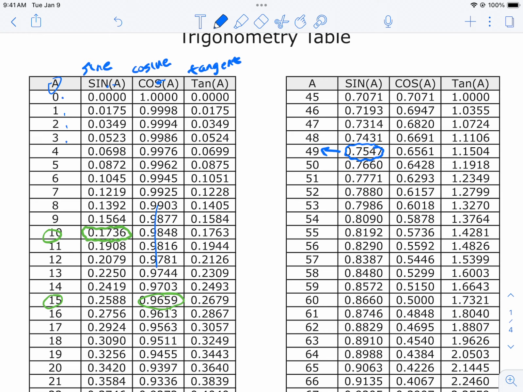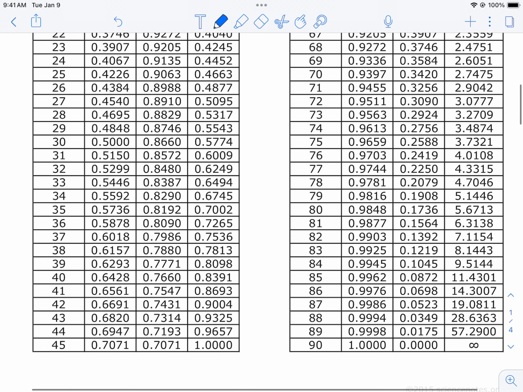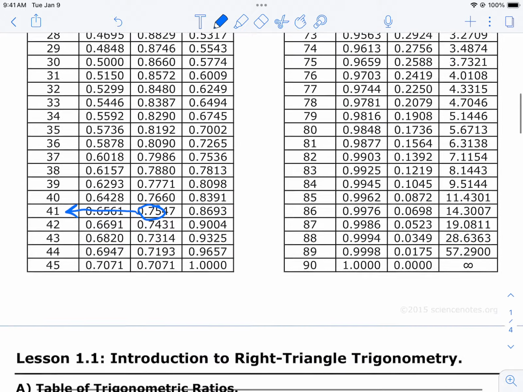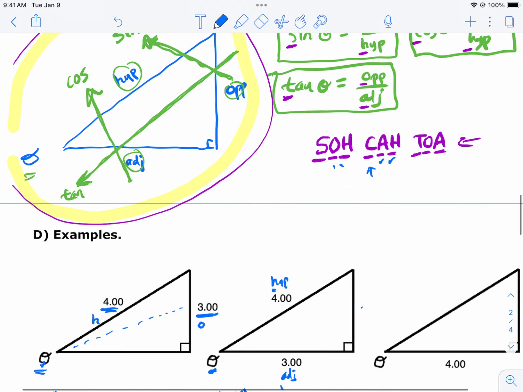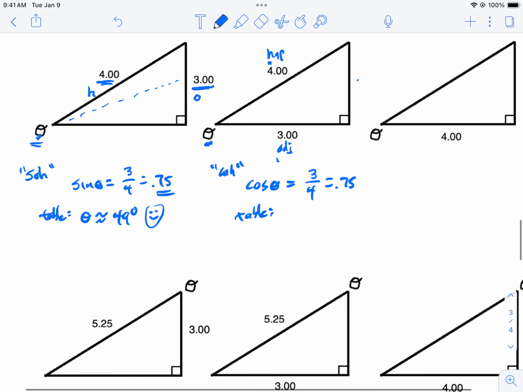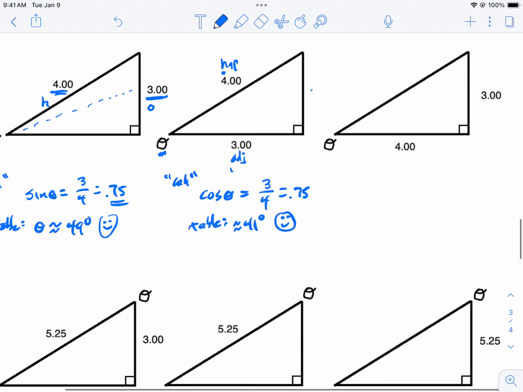I'm coming down this column, looking for 0.75. Looks like it's just about there. So if I look up, the angle is about 41 degrees.